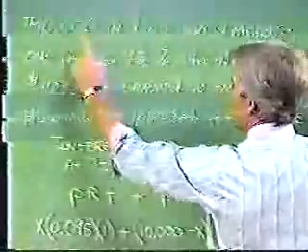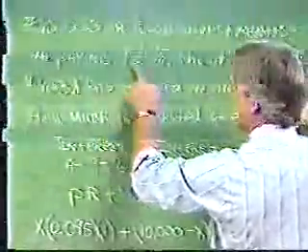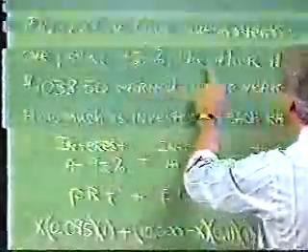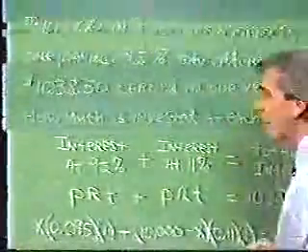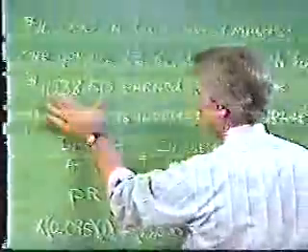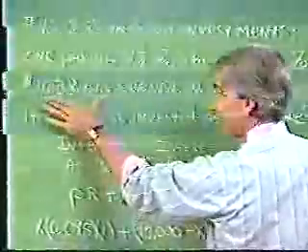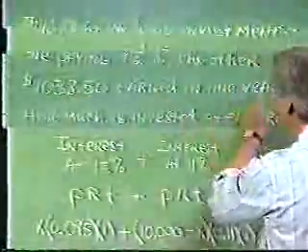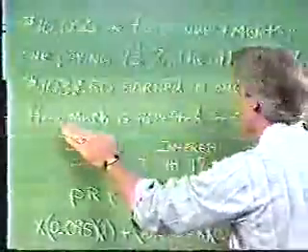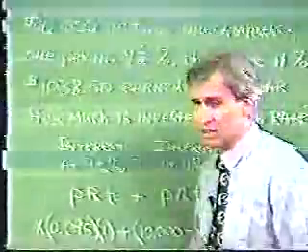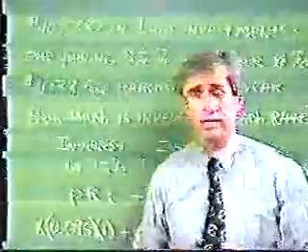Suppose we have $10,000 in two investments, and suppose that one is paying 9.5% interest and the other is paying 11% interest. And let's suppose that $1,038.50 in interest is earned in 1 year. Now, how much is invested at each rate? We had $10,000 to invest, and how much is invested at each rate?